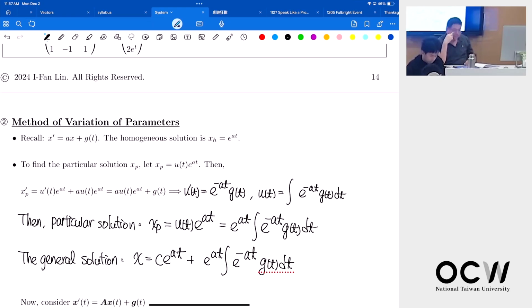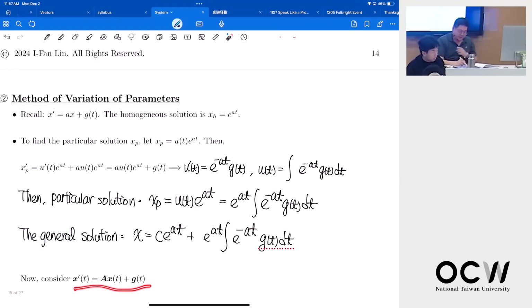Then similarly, we follow this concept to consider the system equation.